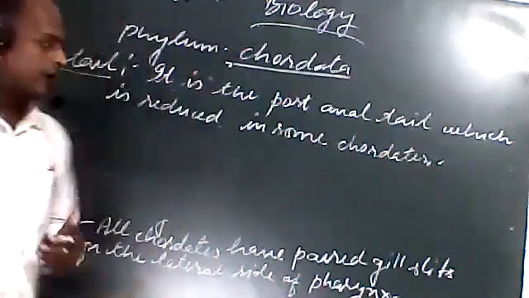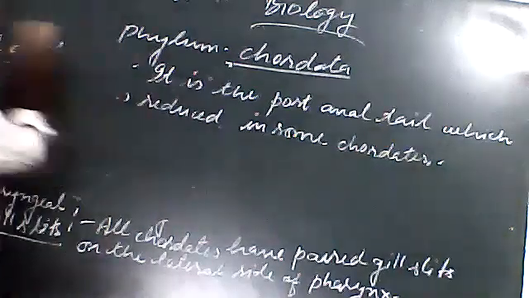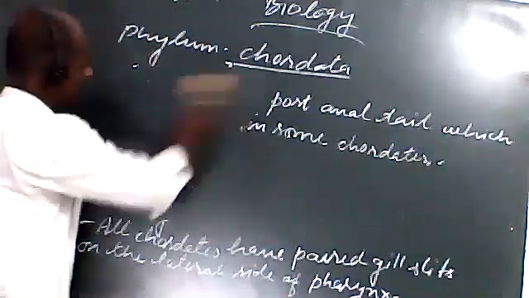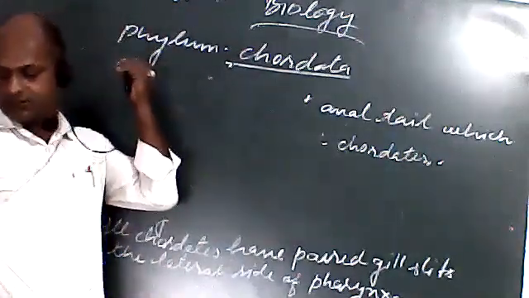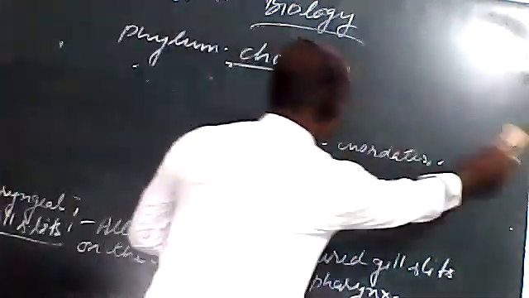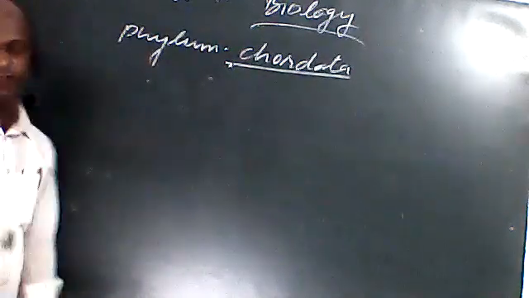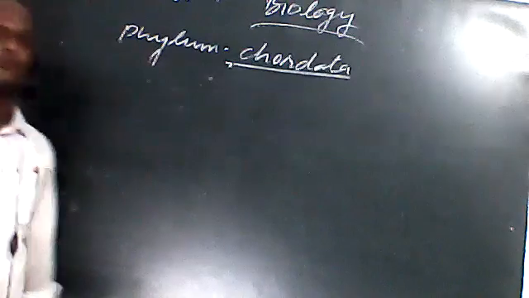Like body symmetry: most of the chordates, all the chordates, have bilateral symmetry. There is segmentation in the body. All are triploblastic, having three germinal layers. So we have to note the common characteristics of chordates.